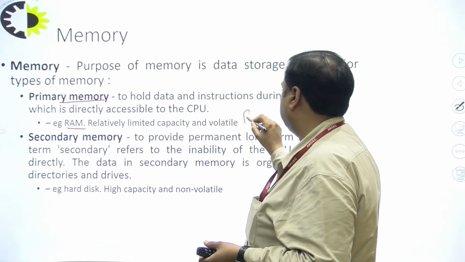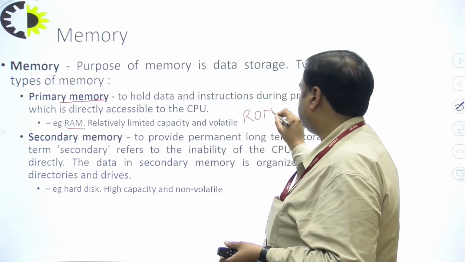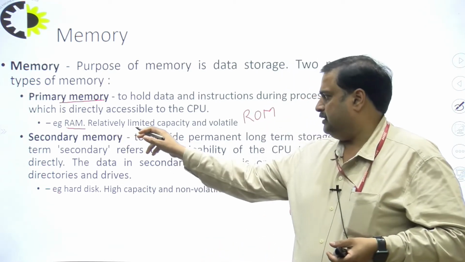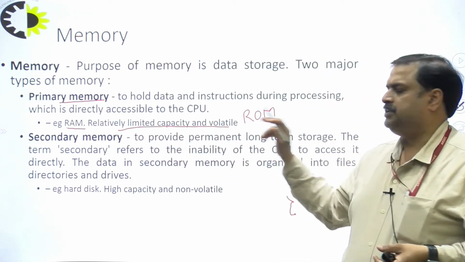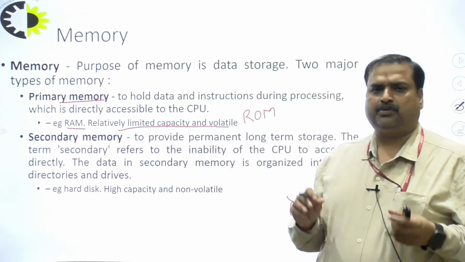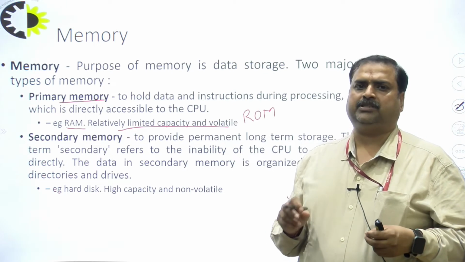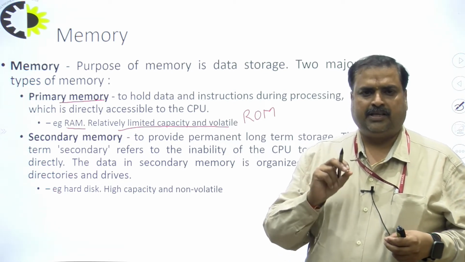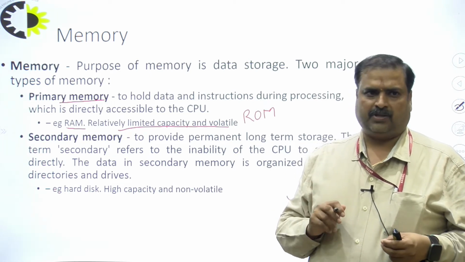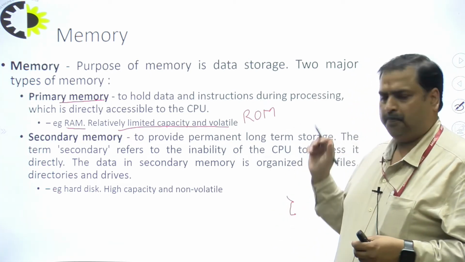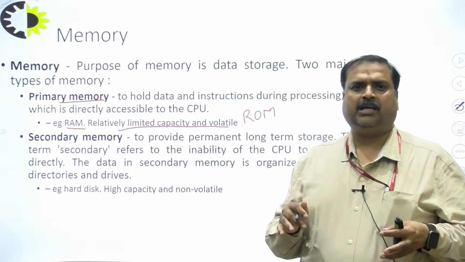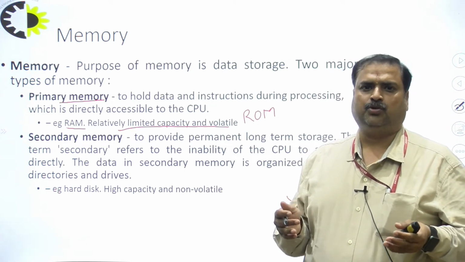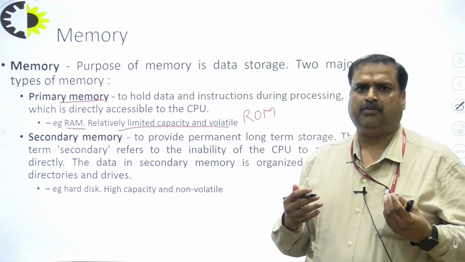Examples of primary memory are RAM, random access memory, and also ROM. The capacity of primary memories is generally limited, and they are also volatile. RAM is volatile, not ROM. Volatile means whenever there is no power, the data will be lost.